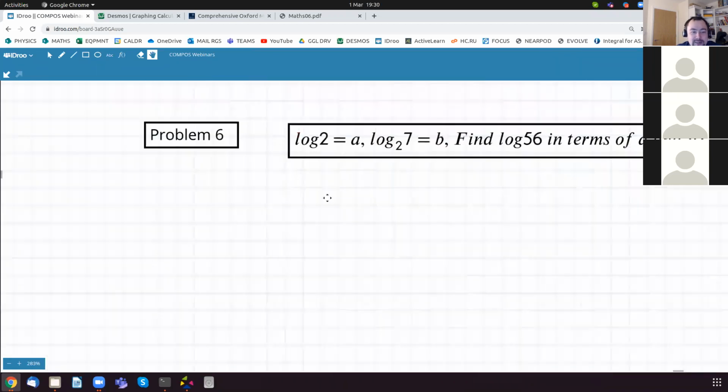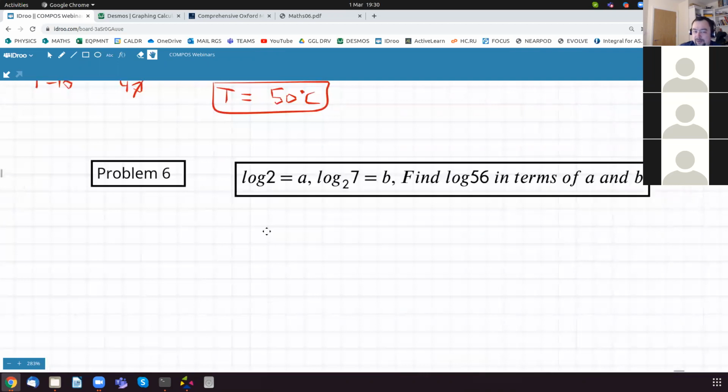Okay, a very quick one. Problem 6. Find log 56 in terms of a and b.